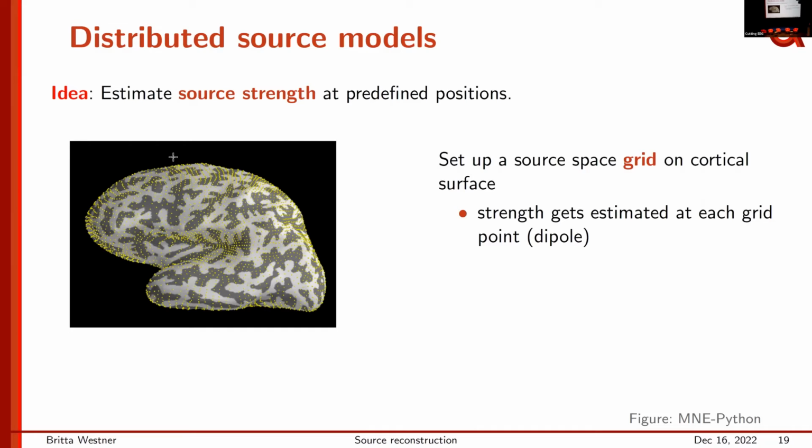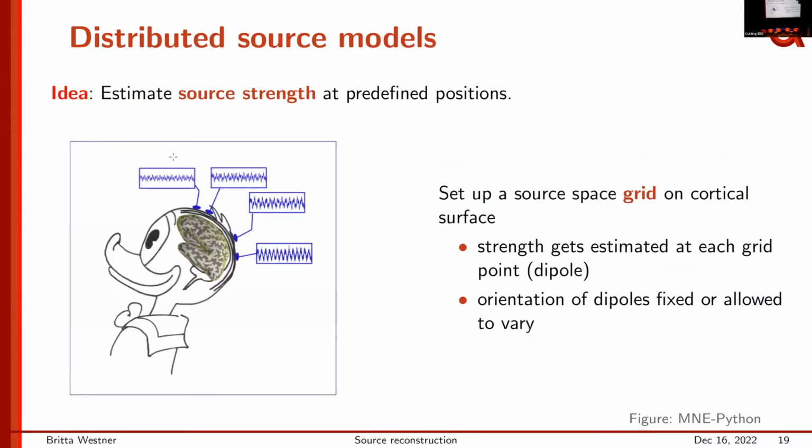And what we now want to do is to estimate the strength of activity, given our sensor space or channel level data, at each of those grid points simultaneously. And there are different modes for distributed source models. You could either allow those dipoles all to vary in orientation, or you might fix them so they all have the same orientation relative to the brain surface.